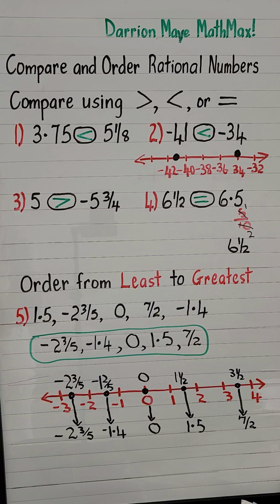And we have our numbers 7 over 2, which is positive 3.5, 1.5, and we have our 0, negative 1.4, which is negative 1 2/5, and then we have negative 2 and 3/5.